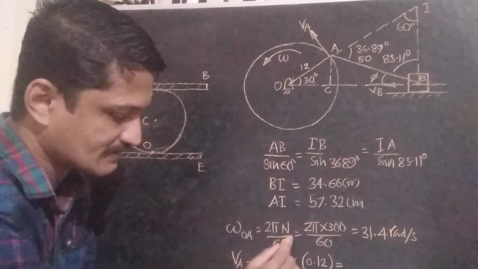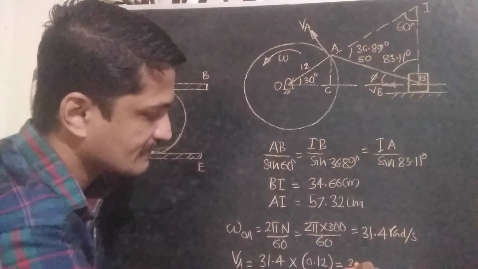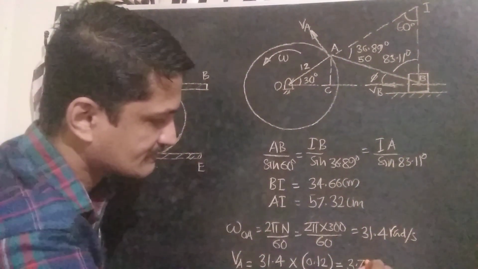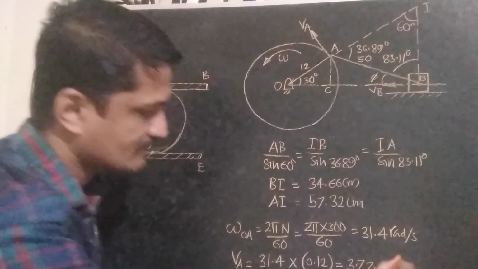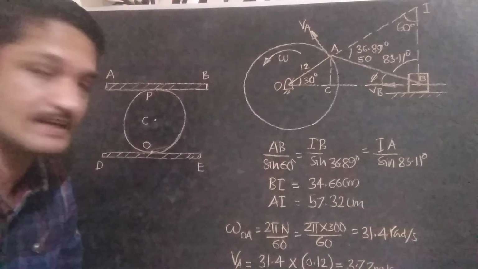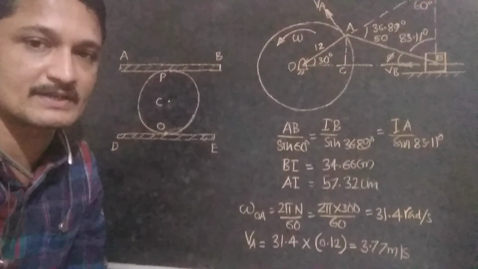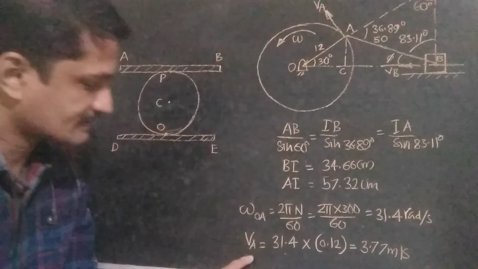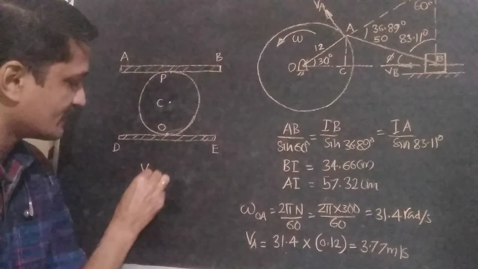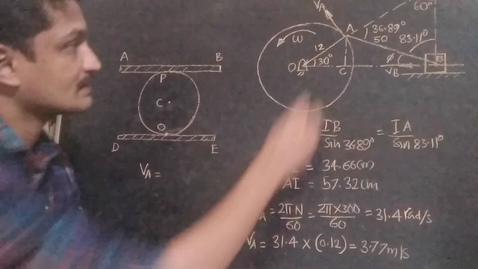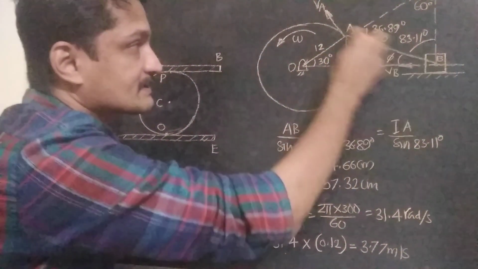And that VA is equal to 3.77 meter per second.